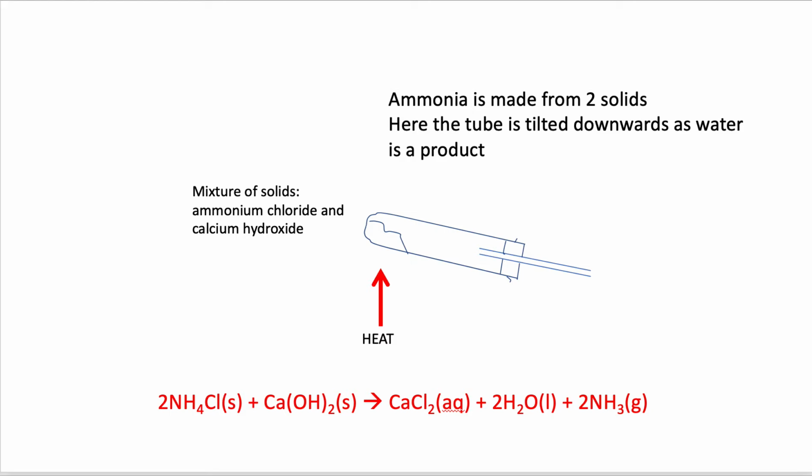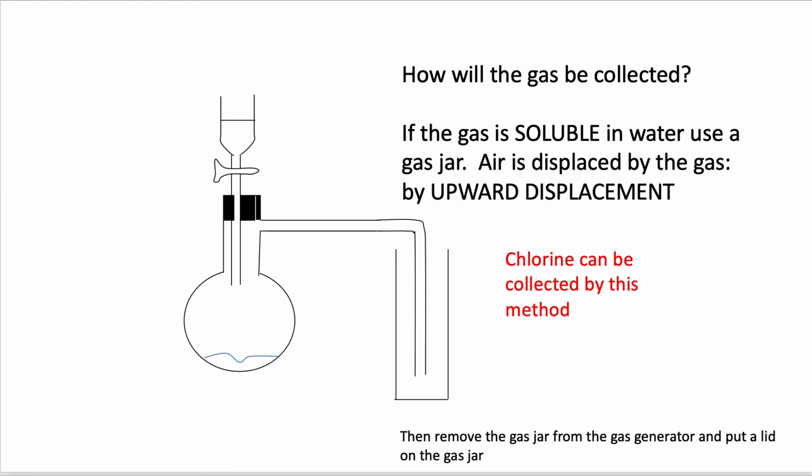When you make your gas, you've got to decide how you will collect it, but it depends on the properties of the gas that you're collecting. So if it's soluble in water, you're going to displace the air in the gas jar upwards, particularly if it's a denser gas like chlorine, and then you'll remove the gas jar and put a lid on it.